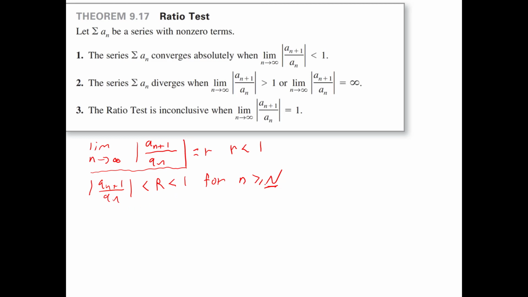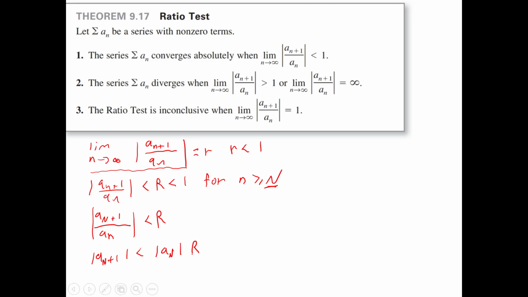And so what that implies is that for this particular n, the absolute value of a sub n plus 1 divided by a sub n is less than big R. If we multiply both sides of this inequality by the absolute value of a sub n, we get that the absolute value of a sub n plus 1 is less than the absolute value of a sub n times big R. Sorry, this should be a capital N. Now this works for all of them.